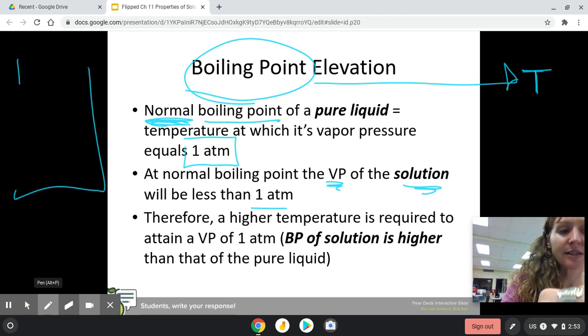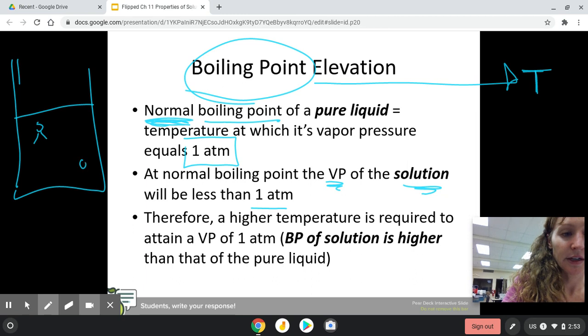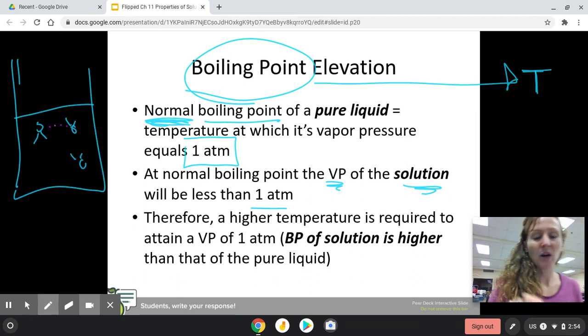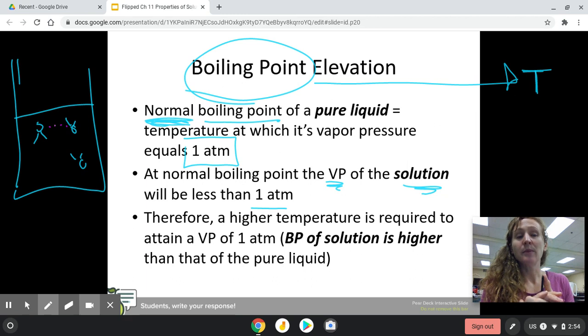If we look at this solution, we have our solution of water here, and all of these little waters are attracted to each other, right? That's why water is a liquid, because there is some attraction between these little molecules. Something like carbon dioxide has very little attraction from carbon dioxide to carbon dioxide, and that's why it's a gas, because there's not very much interaction between them.